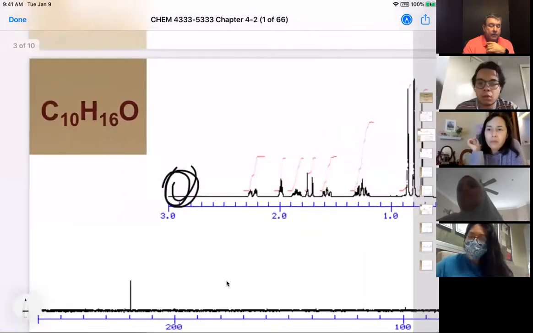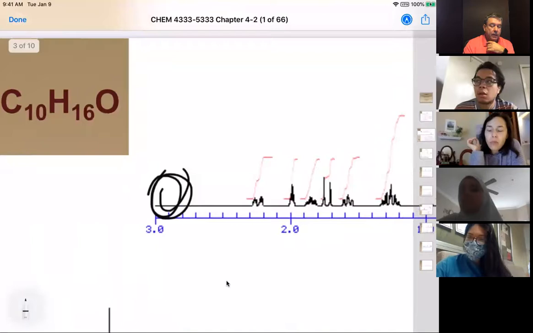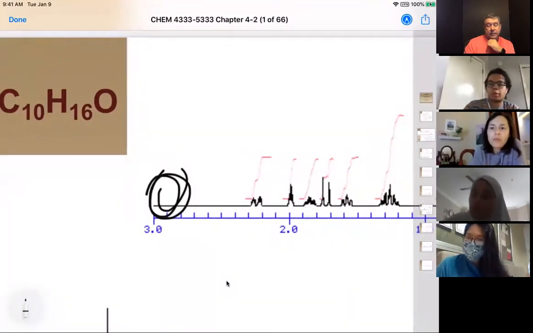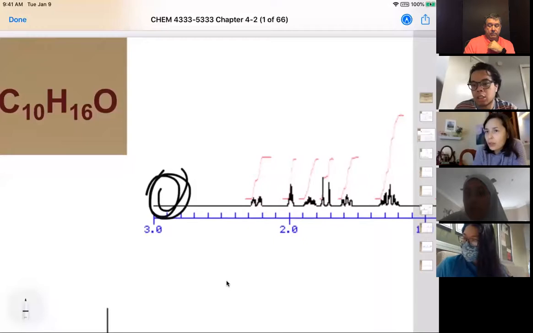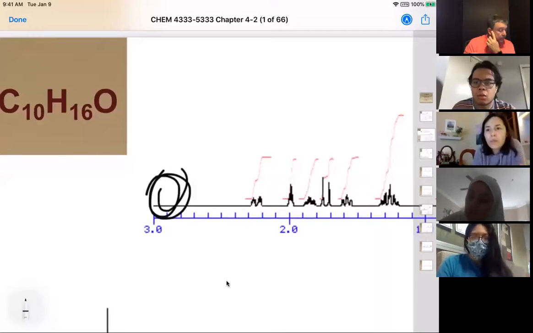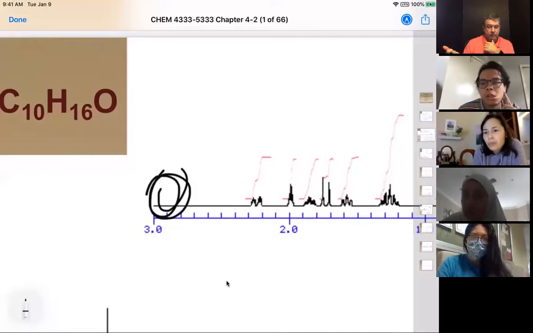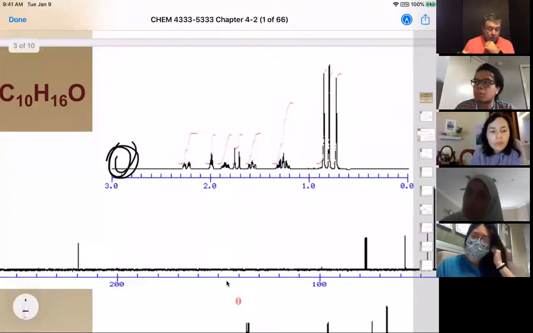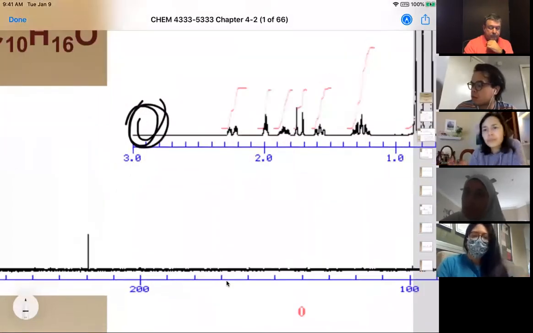If we did a quick calculation of our degrees of unsaturation, it'd be 1: 10 times 2 plus 2 minus 16, divided by 2, is 1, because oxygen doesn't count. So we might have a ring. That's telling us something different here. Or we have a carbonyl.